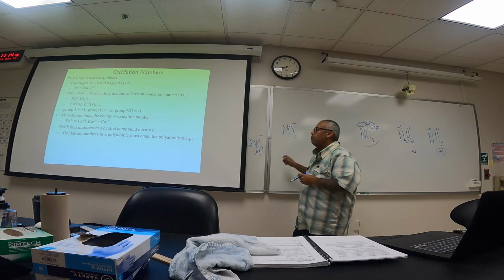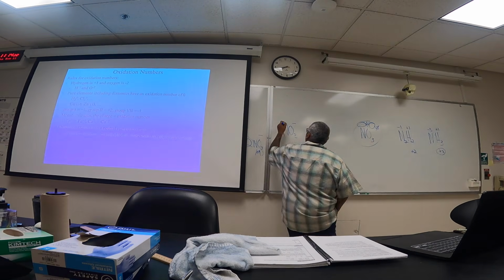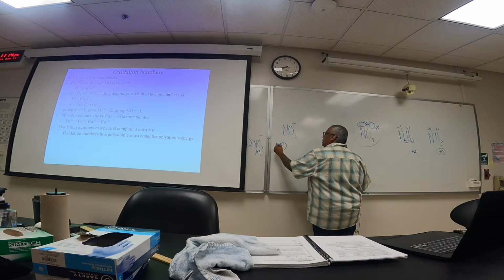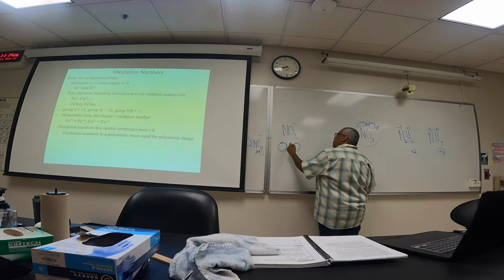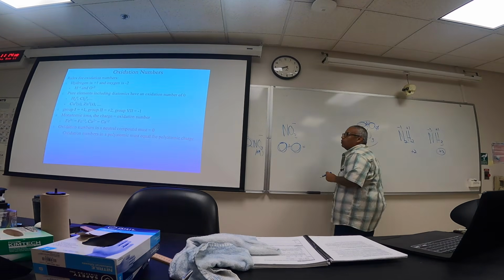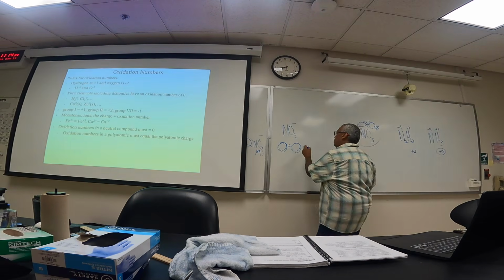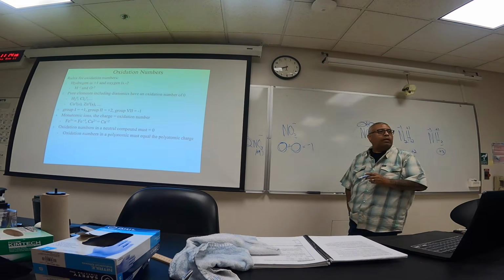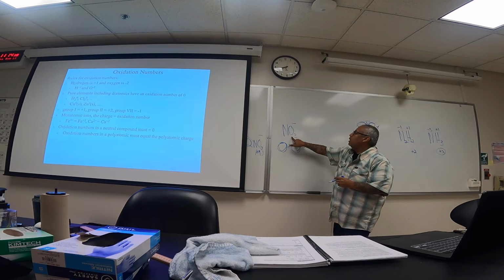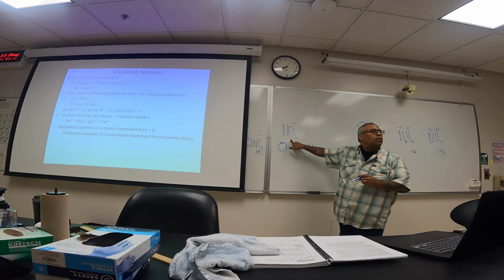In a polyatomic ion, whatever the oxidation number is for nitrogen, plus whatever the oxidation number is for oxygen, has to equal the polyatomic charge, -1. What's the oxidation number of oxygen? Don't say -1.